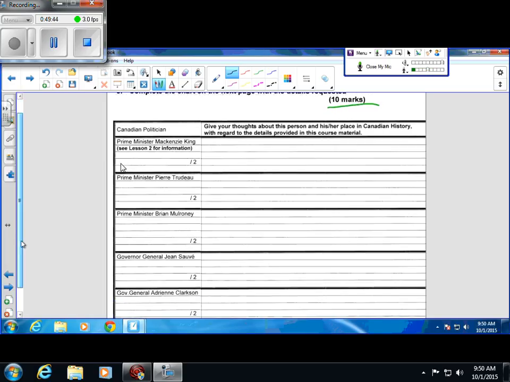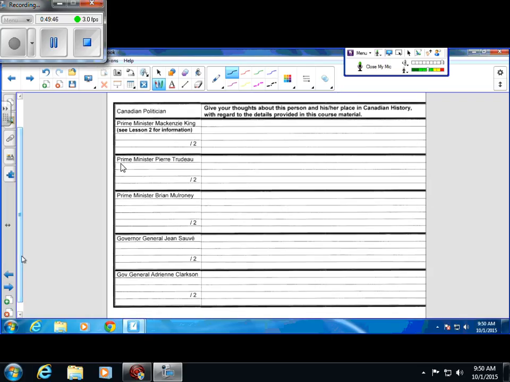So we have Prime Minister Mackenzie King, Prime Minister Pierre Elliott Trudeau, Brian Mulroney, Jean Sauvé, and Adrienne Clarkson. Why were these individuals important in terms of Canadian history? Give your thoughts.